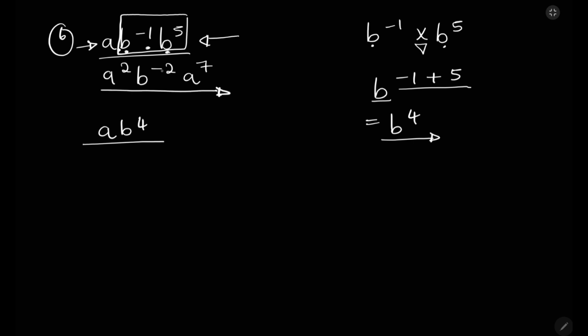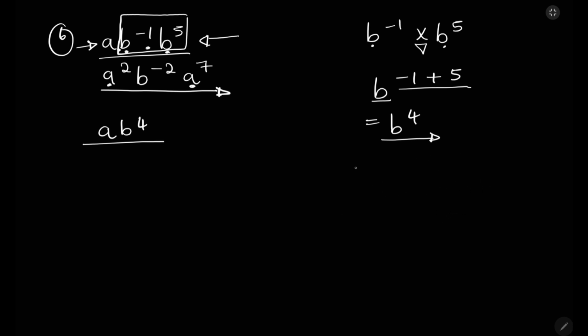Over, we have a squared, let's move to the denominator. We have a squared b to the power negative 2, a to the power 7. Do we have the same bases or any common bases? We have a, b, a. We have a and a, we just have b there. So let's solve for a and a. Remember, when you see a squared b to the power negative 2, a to the power 7, or just any variables, it's a squared times b to the power negative 2 times a to the power 7.